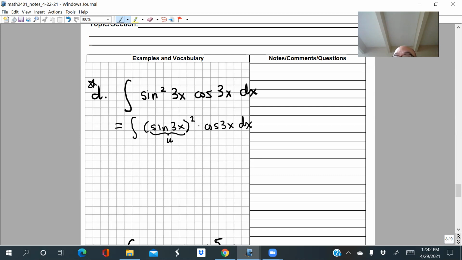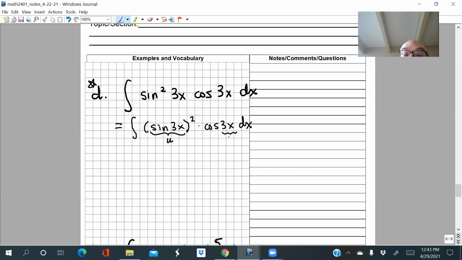But remember also, if you have a trig function of an expression, then that's another situation where you often can use integration by substitution. And that also is happening in this integrand, because you have a trig function, for instance cosine, of an expression, not just x, but in this instance 3x.